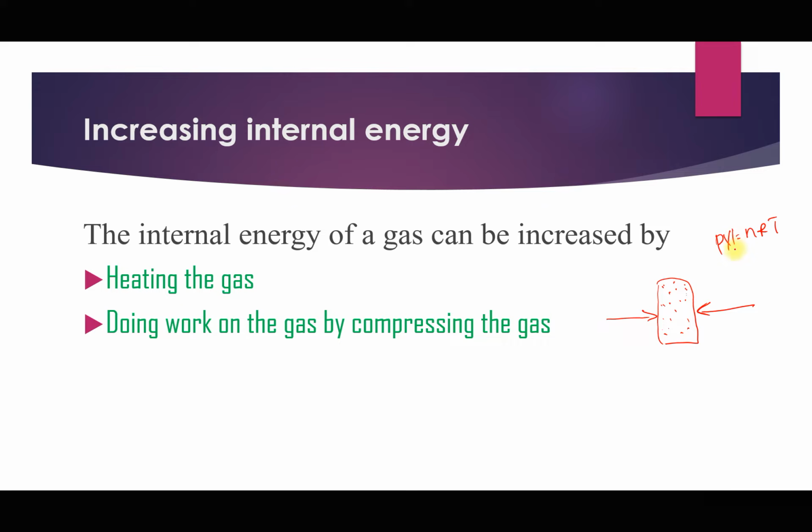If the volume decreases, the pressure is most likely going to increase. Since we can't have pressure constant, if the volume decreases, the pressure increases. And if the pressure increases, then the temperature could be increased because the temperature is directly proportional to the pressure.